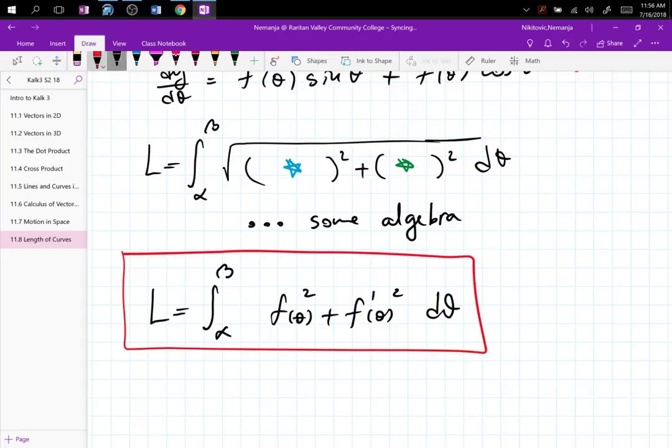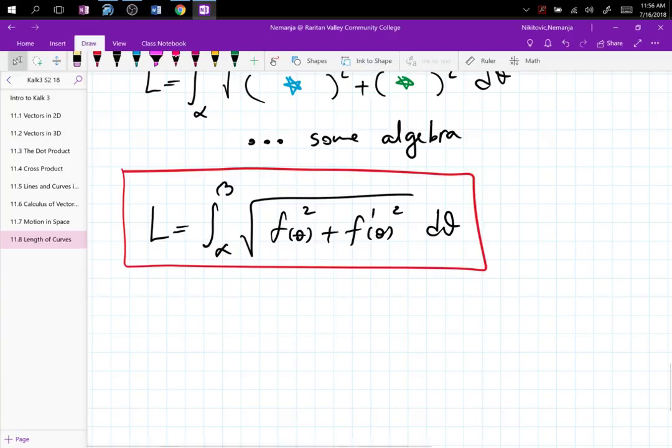There is no 3D equivalent over here. That's it, because this is only for length of polar curves, and polar curves are given as r, theta for the points. That's the 2D surface. There is no 3D upgrade on this. So length of curve for polar coordinates can only be used for the 2D examples.